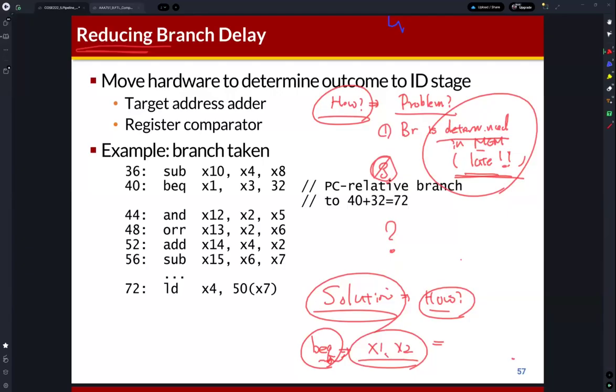In order to check the equality between two operands, we use the ALU, and the ALU performs the subtraction, so we just perform x1 minus x2 in this example, right? But think about this: how can we check the equality between the two numbers?